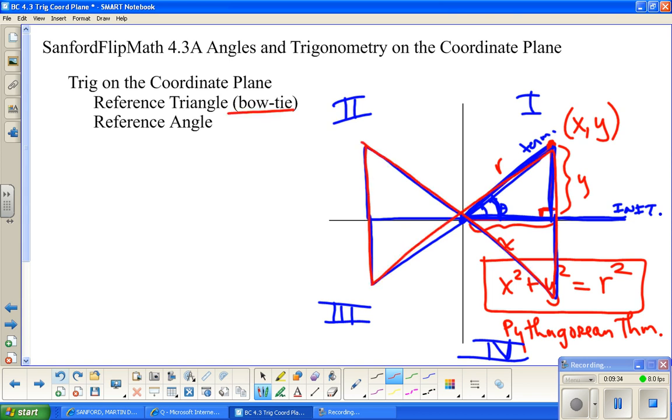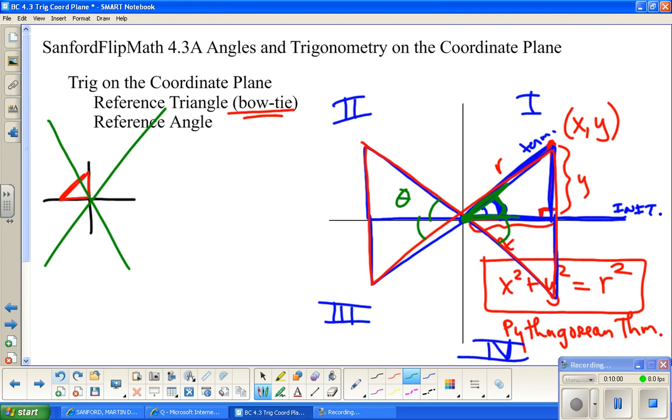So if you are looking at trig, you're never going to have a reference triangle like this. That ain't it. You have to have this angle at 0, 0, and so that would be this angle, or this angle, or this angle, and those four angles are referred to as reference angles.